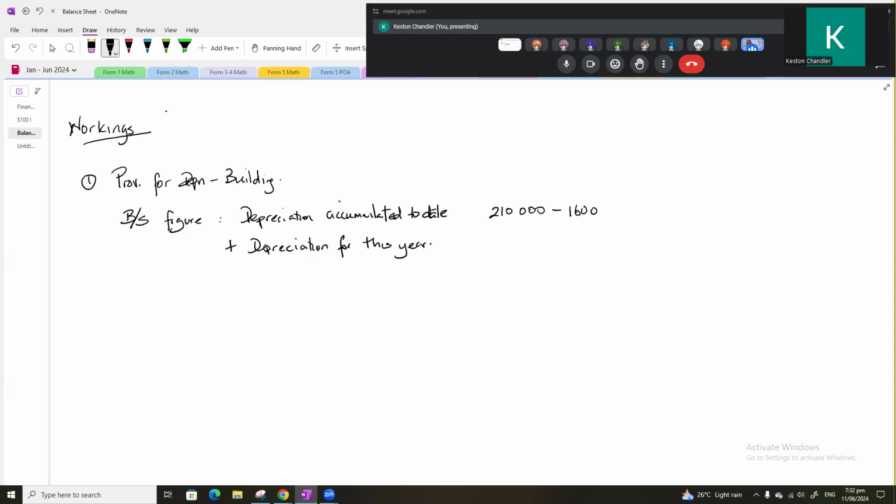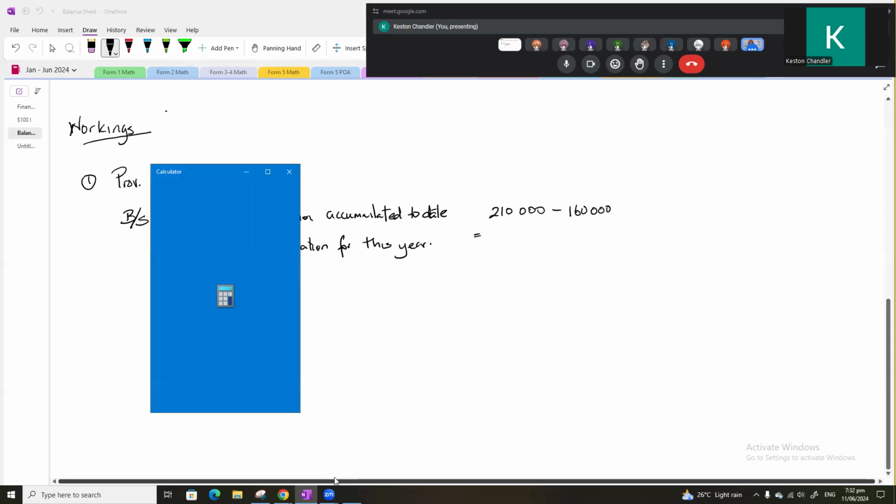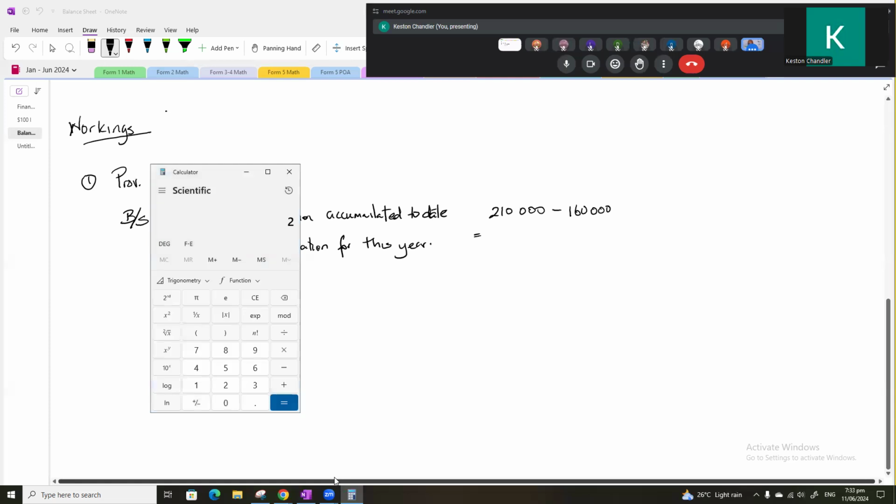That should tell us what our depreciation would have been accumulated to date. So 210,000 minus 160,000, that's going to give us a total of 50,000.